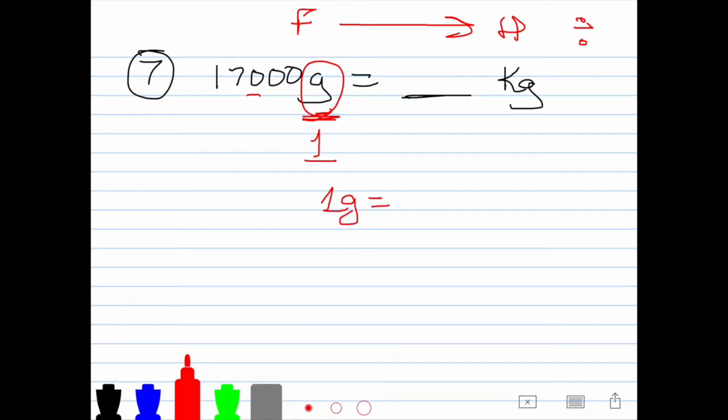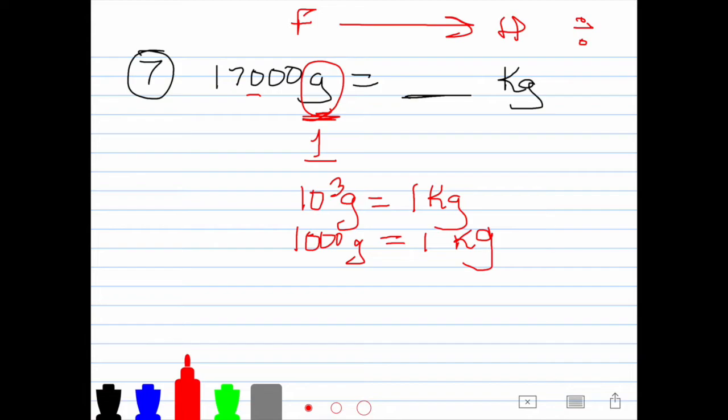What do we know from our chart? I know that 10 to the 3rd grams equal 1 kilogram, or 1,000 grams equals 1 kilogram. So I know that already.